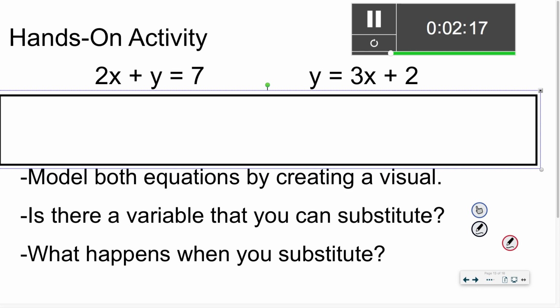Use the example that we went over as a group because it's going to help.